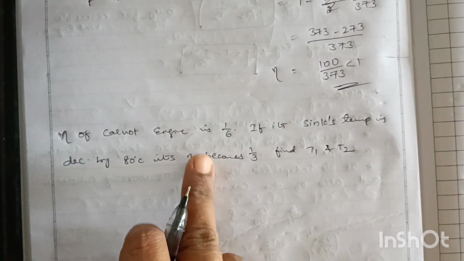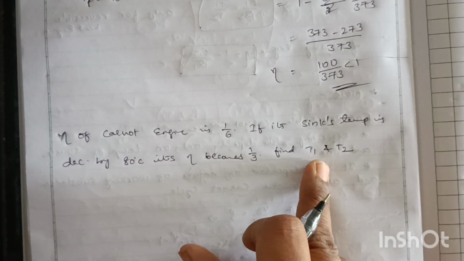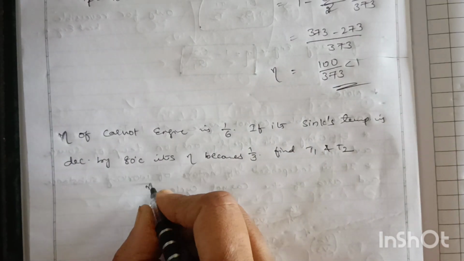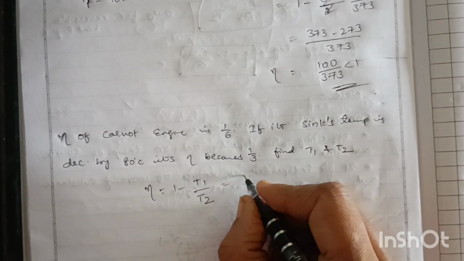Next, the eta of a Carnot engine is 1 by 6. If its sink temperature is decreased by 80 degrees centigrade, its eta becomes 1 by 3. Then find T1 and T2. So eta is equal to 1 minus T2 by T1, which equals 1 by 6.